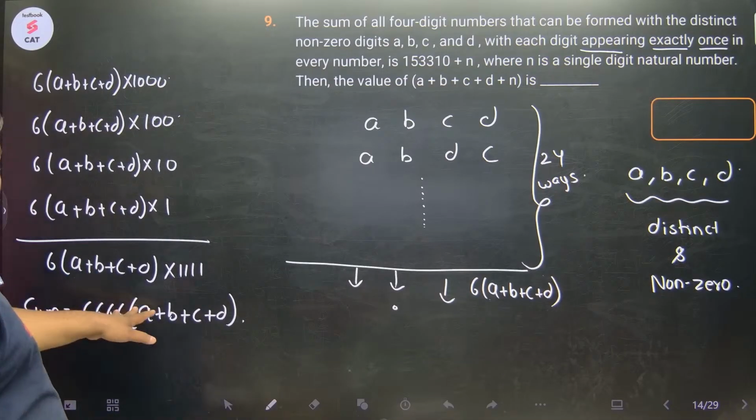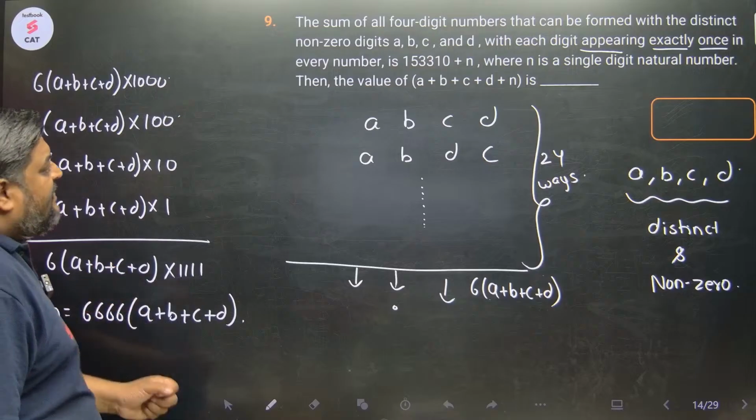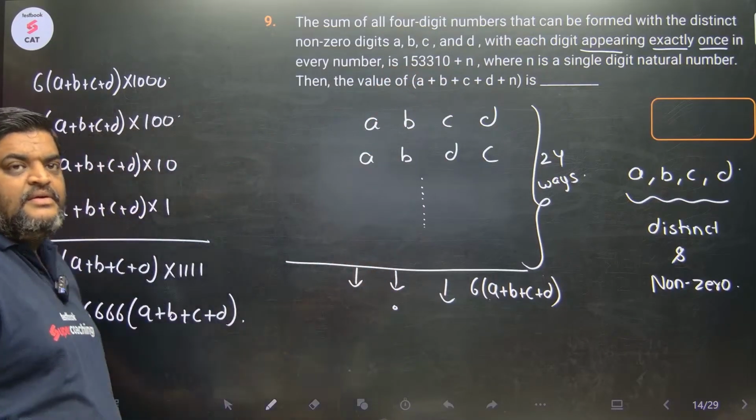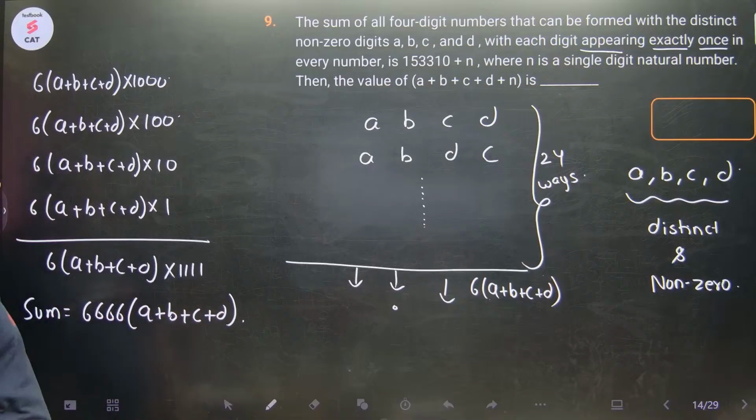And this sum definitely would be an integer and is equal to 153310 plus n. This sum has to be an integer.